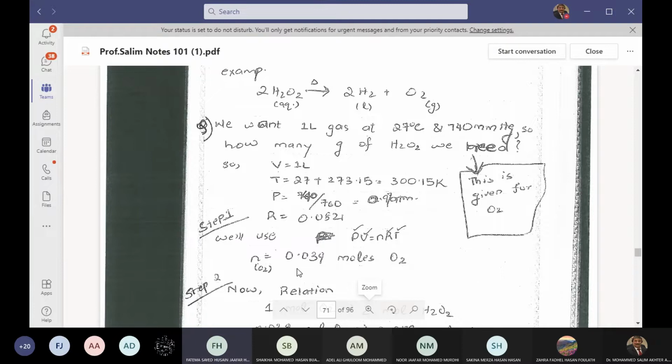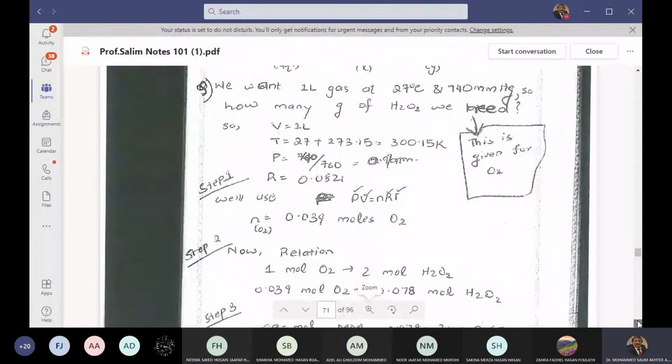Yes, correct. Excellent. Now, if I know number of moles of oxygen, with the relationship can I get the number of moles of H2O2? Yes, of course.